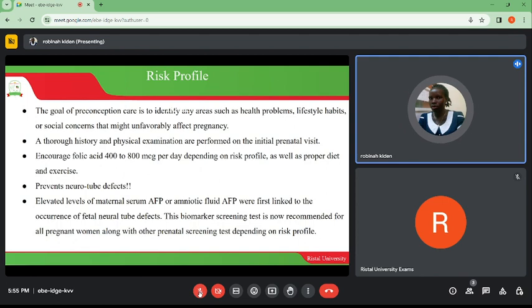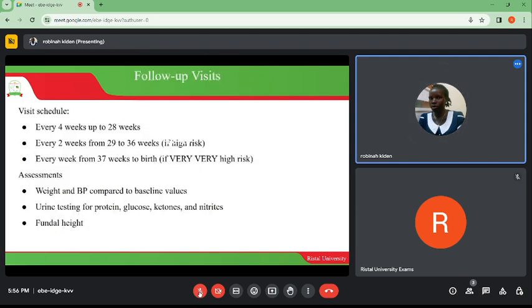Because this is likely signifying a fetal neural defect. So in case this is detected in the serum of the mother or in the amniotic fluid, there is need for the mother to go for further screening to rule out this complication.